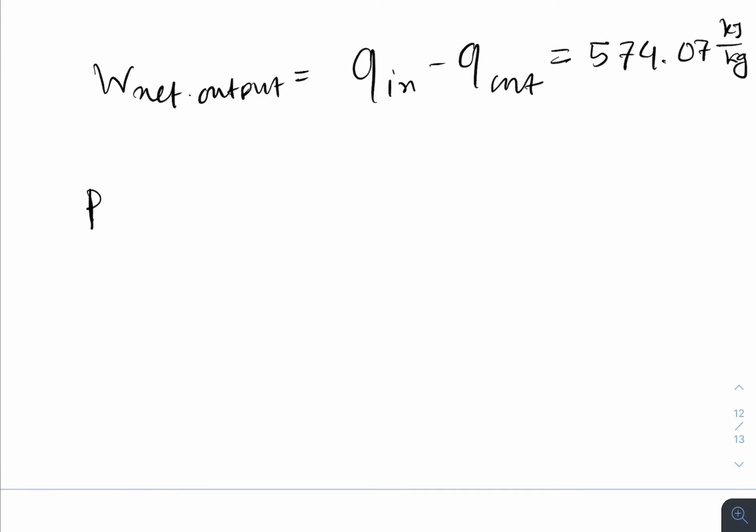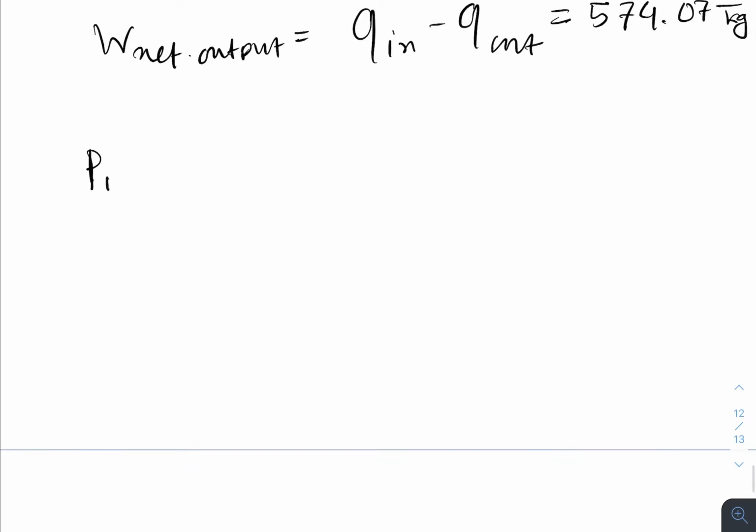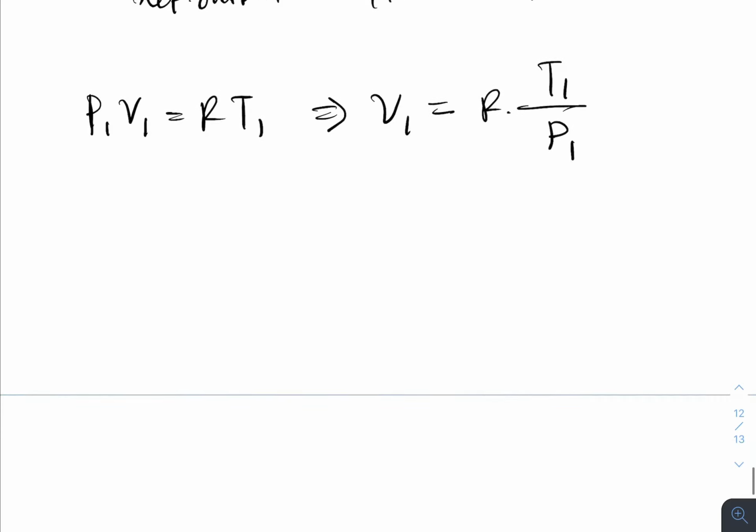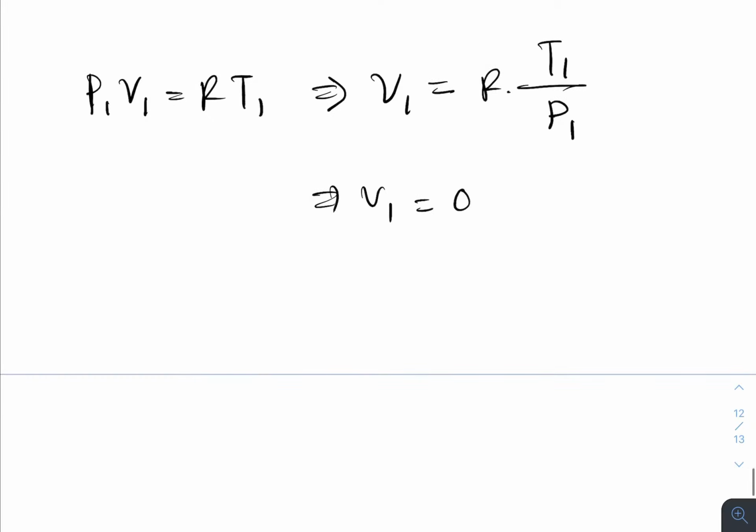And for state 1, from the universal PVT relationship, we can write P1 V1 equals R T1. So from here we can determine the volume, R times T1 over P1.